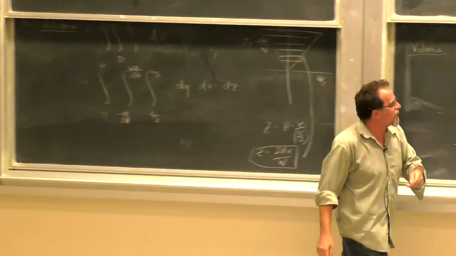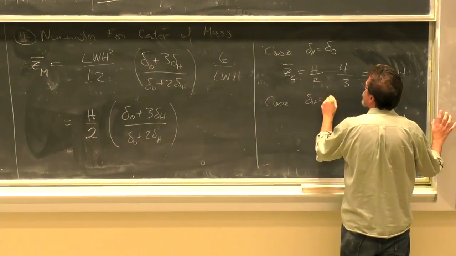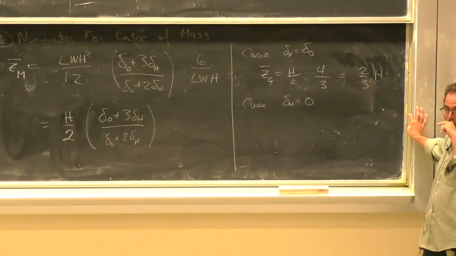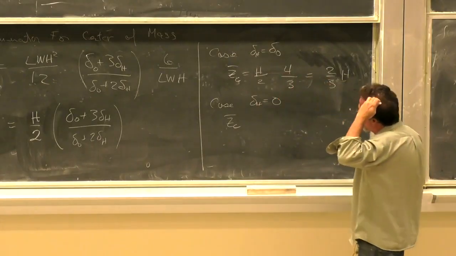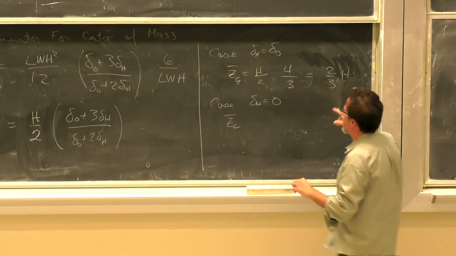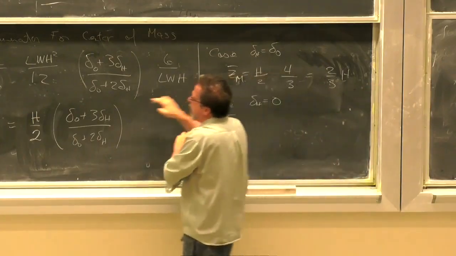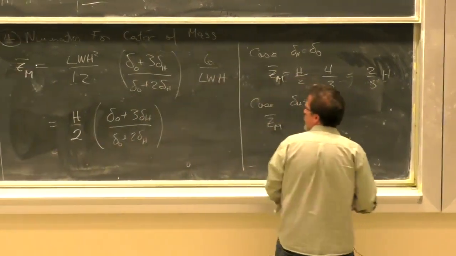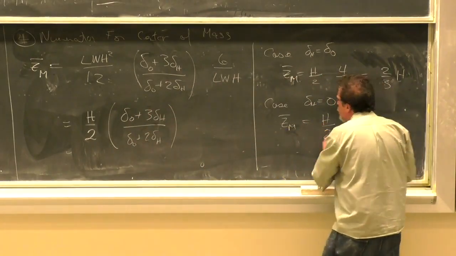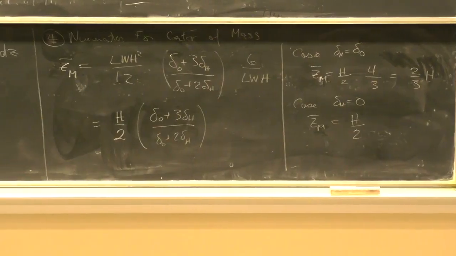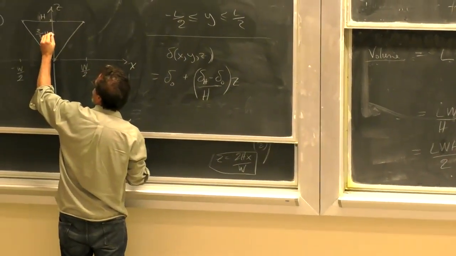In that case, when delta h is 0, Z bar, the location of the center of mass, this is Z bar M, I apologize, we're talking about the center of mass. Well, when delta h is 0, these guys are 0, and delta over delta is 1, so that occurs at h over 2. So if the density goes down to 0, then, if it's a constant density, the center of mass and the centroid are the same place.